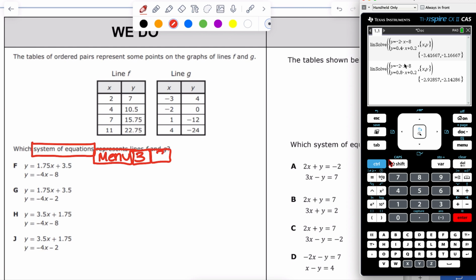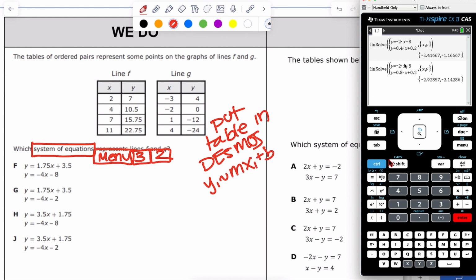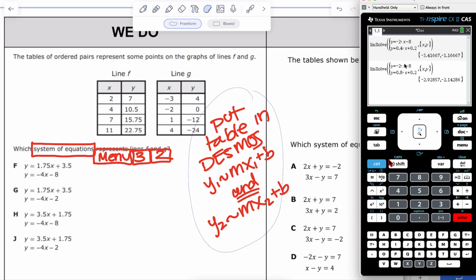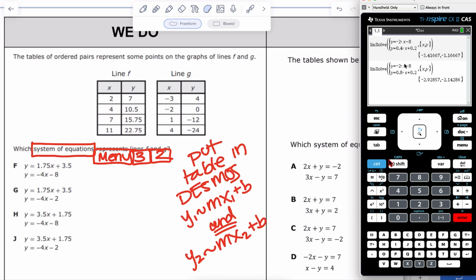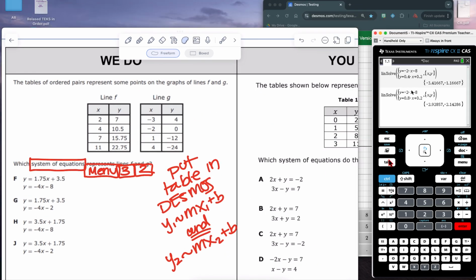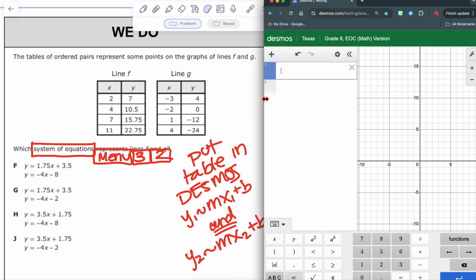So what I'm going to do is put these tables in Desmos. We're going to use y1 squiggly line mx1 plus b and y2 squiggly line mx2 plus b. We're using both of them, and I'm going to show you how to tell when we're going to use them and when we're not. So we're going to pull our Desmos out.